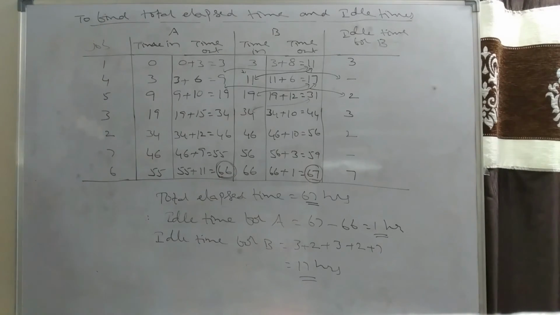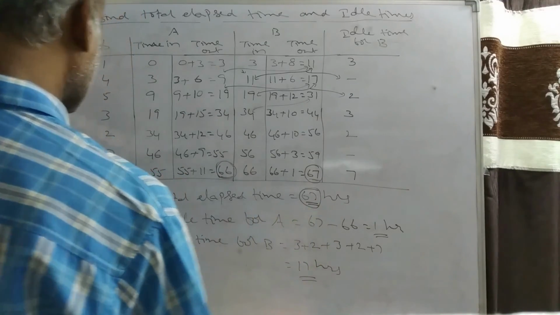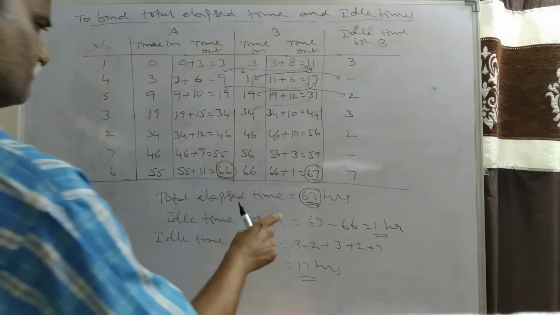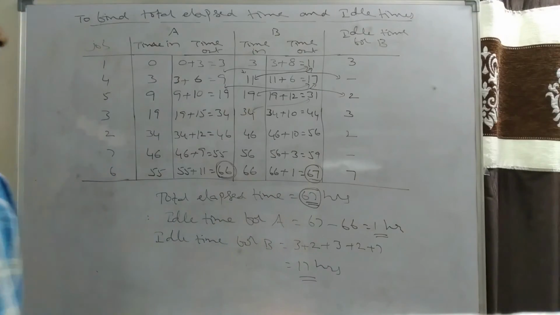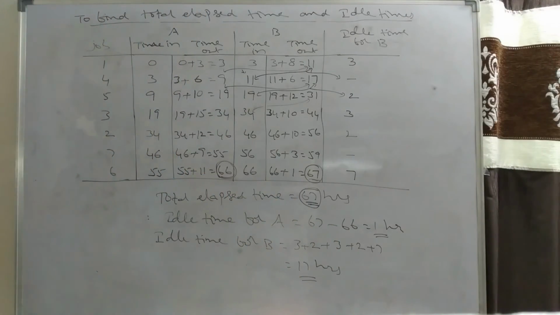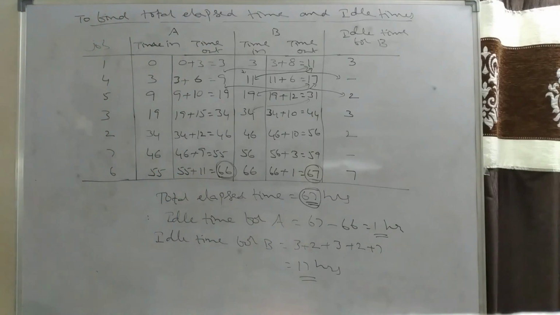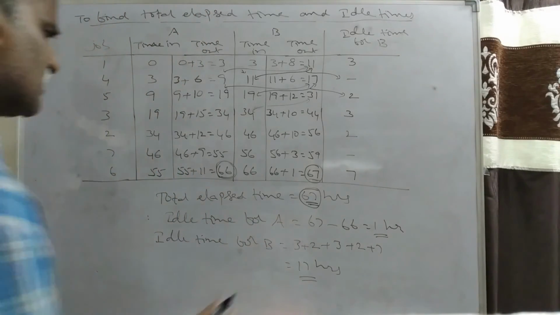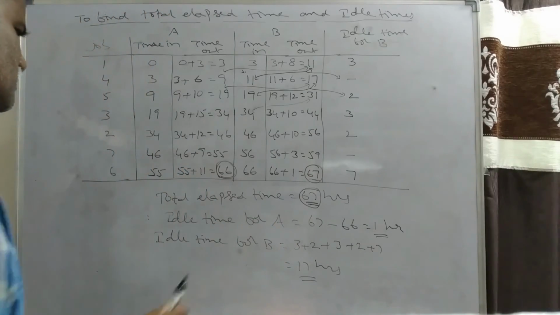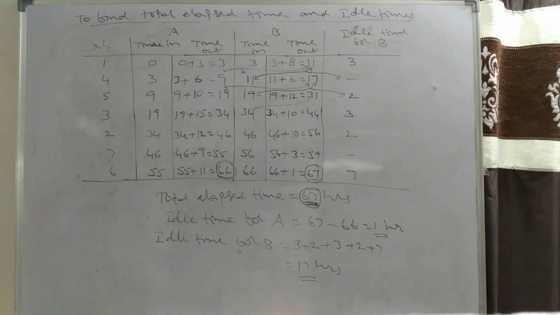In that case, you should get only 67 hours for total elapsed time. The total elapsed time is minimum, it should be unique. But the idle times for machines A and B may vary. You may get different idle times for A and B, but you get the total elapsed time as 67 hours.